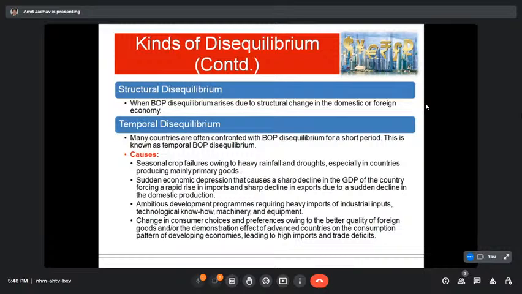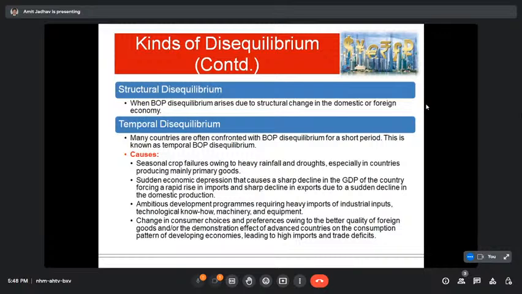Crop production will decline because of heavy rainfall, drought, or other natural calamities, which have an adverse impact on production and cause a disequilibrium in the balance of payments. But this is quite a temporary cause, because after a certain period the country can restart its production.